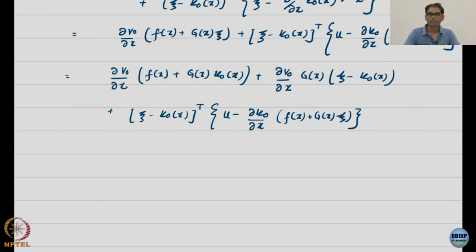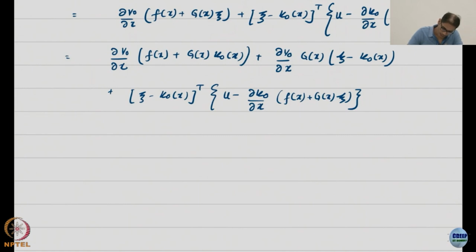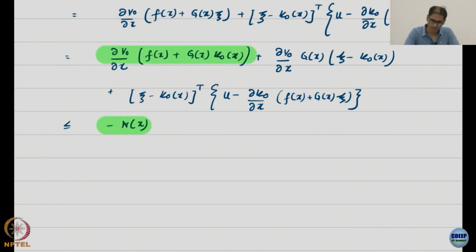Alright, great. So this I am going to use the previous page to say that this is less than or equal to minus W(x). That is the first thing. And then you can see that this term also has psi minus k0(x), right? So I can combine it with this term. How?